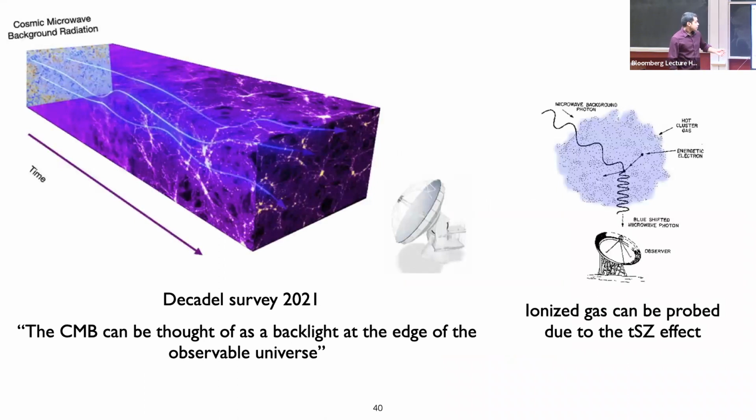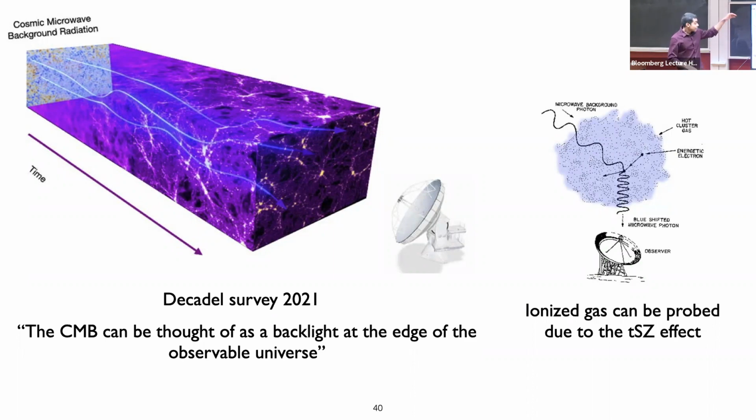Here is one of the pictures that I took from the decadal survey. It is saying that with the cosmic microwave background, you can estimate how the early universe looked, its composition, or how inflation produced structures.